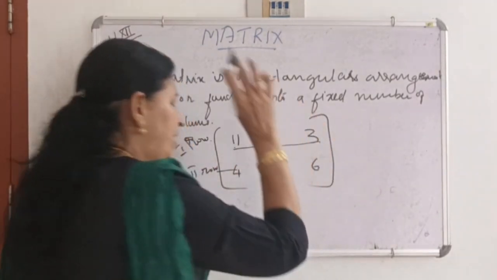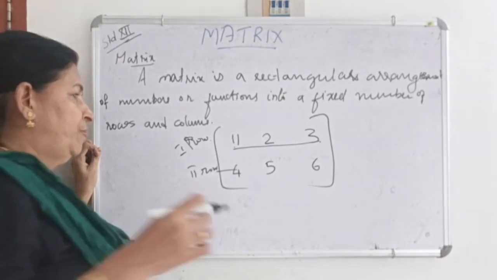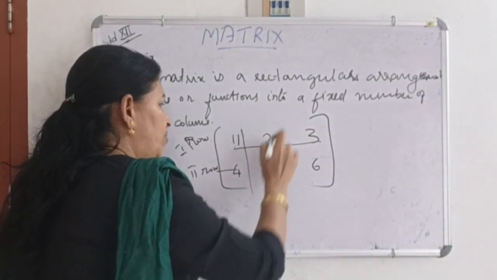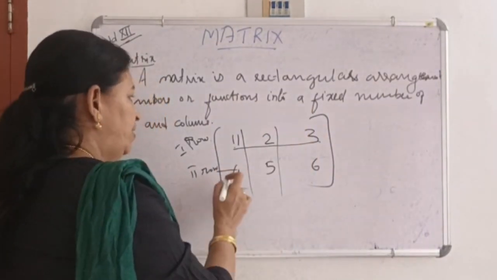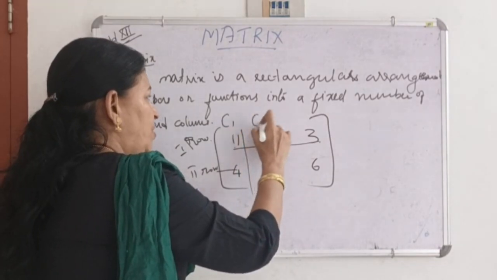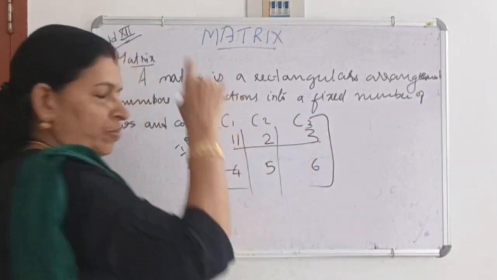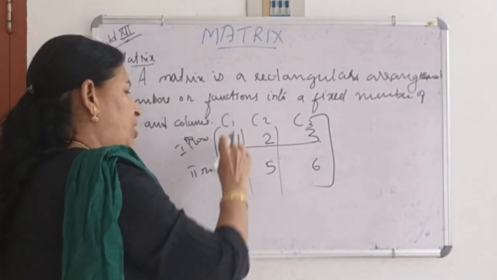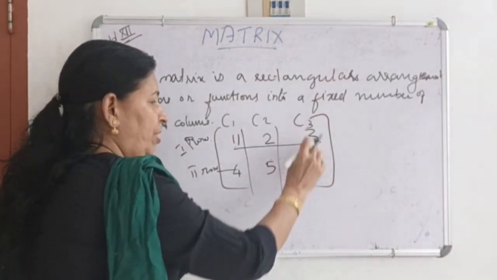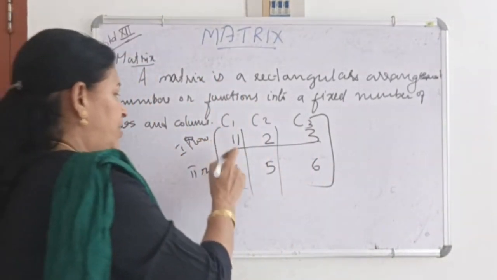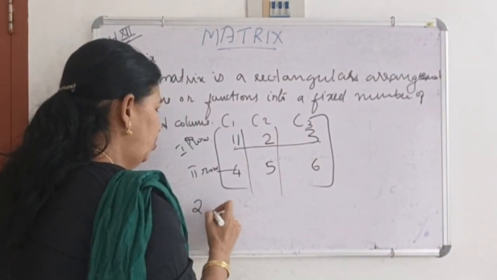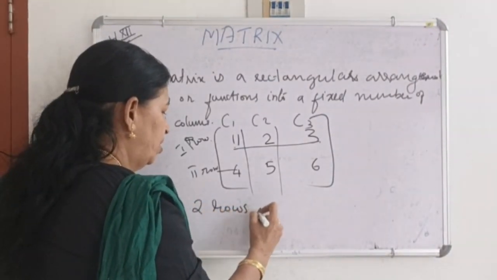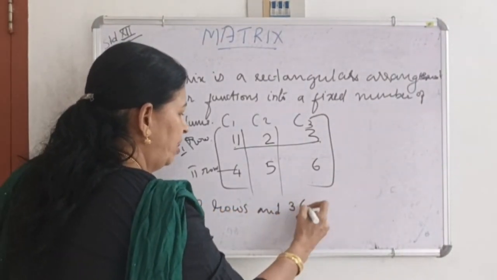The horizontal arrangements are rows, the vertical ones are columns. That is the first column, the second column, the third column. Vertical arrangements: 1, 4; 2, 5; 3, 6. Then here there are 2 rows and 3 columns.